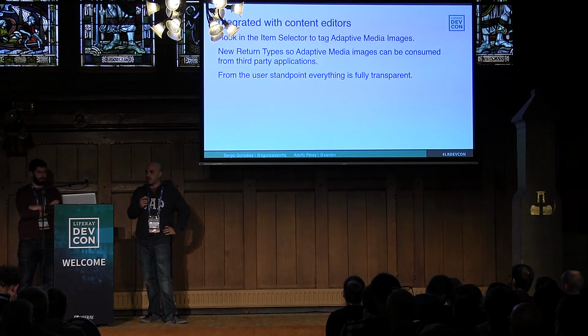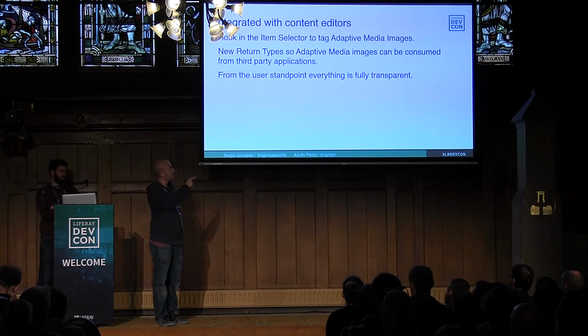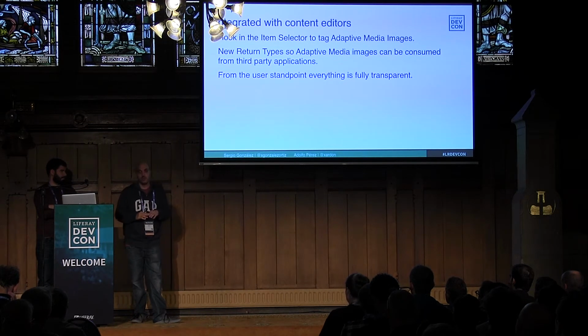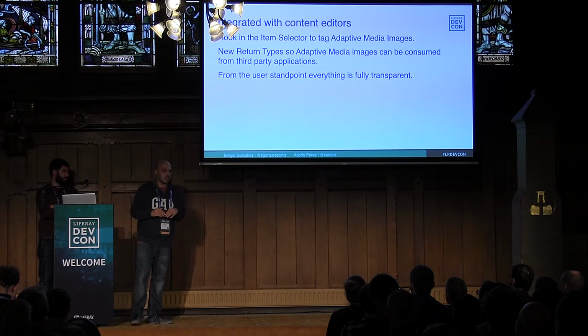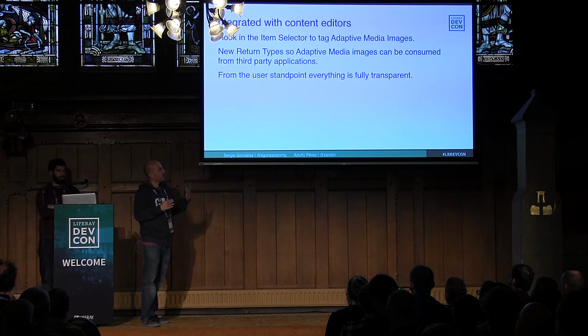Okay, so now the second part is when people edit content, as you have seen in the video before. As long as users use the item selector to embed images, everything is absolutely automatic. You don't need to do anything else.